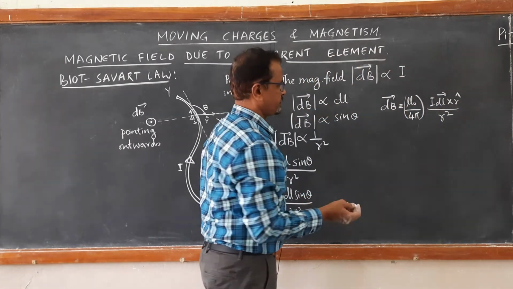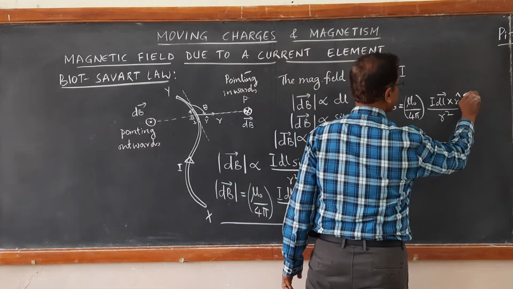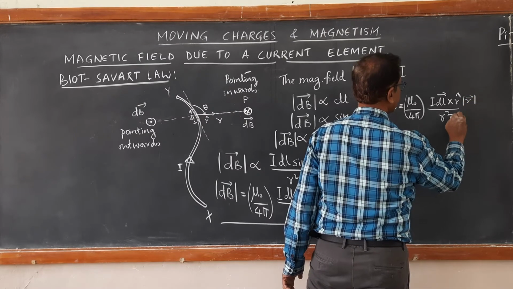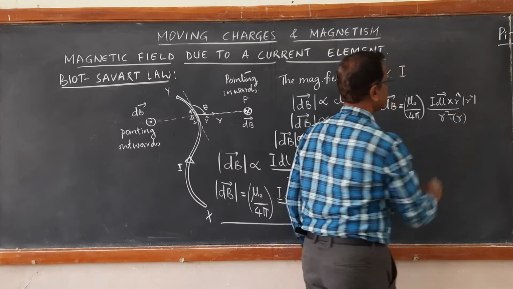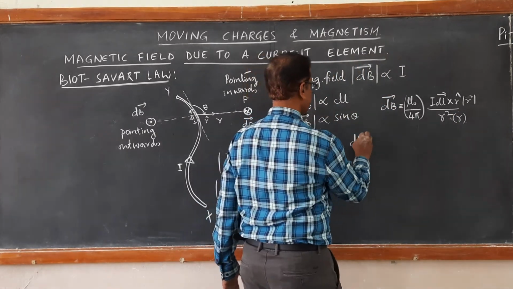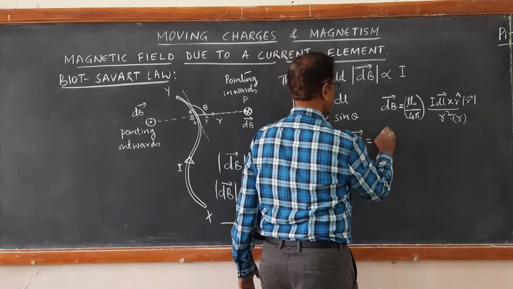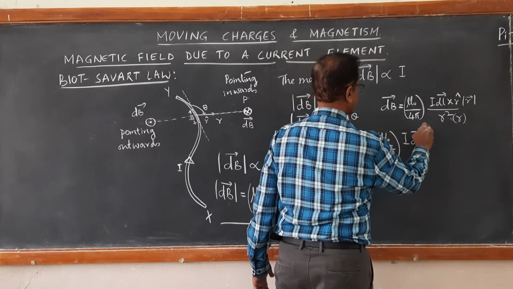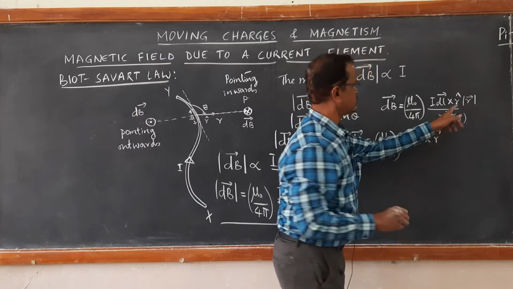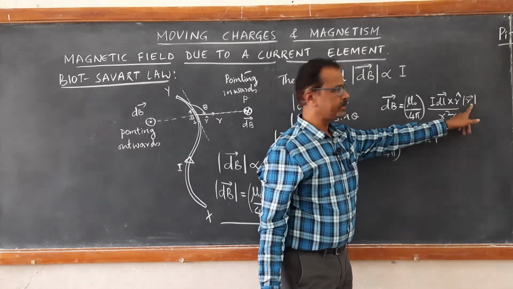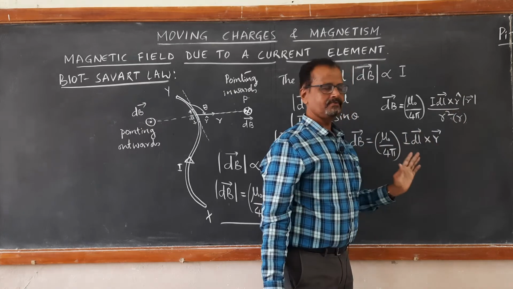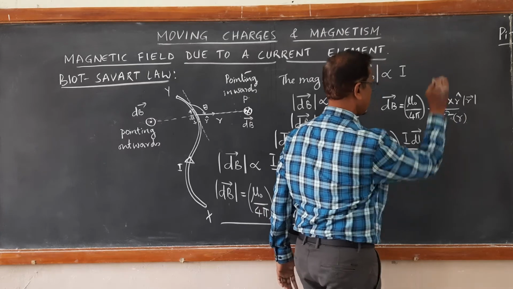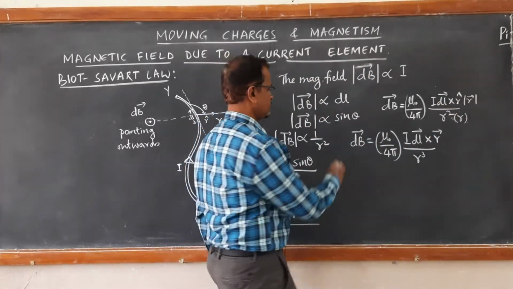To be more specific, if you multiply this by the magnitude of vector r in the numerator and denominator, we can write the same equation as dB equal to mu naught by 4 pi into I dl vector cross r vector, because a unit vector multiplied by the magnitude of the vector gives you the vector itself. I dl cross r by, here the denominator becomes r cube. This is another form of the magnetic field.